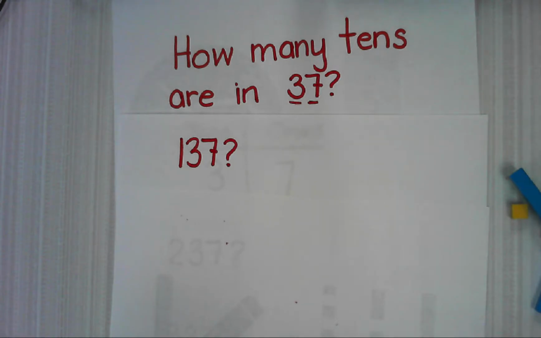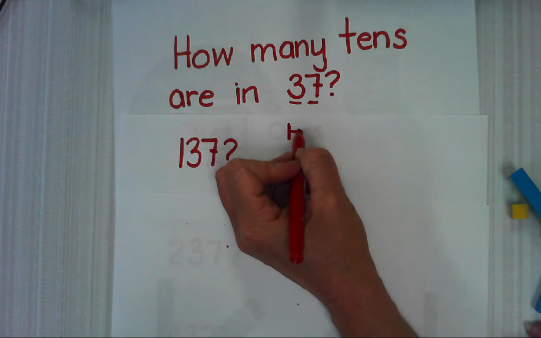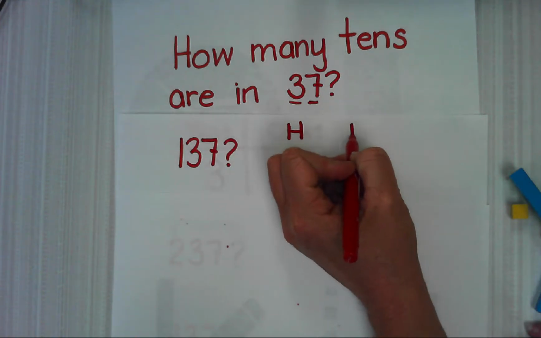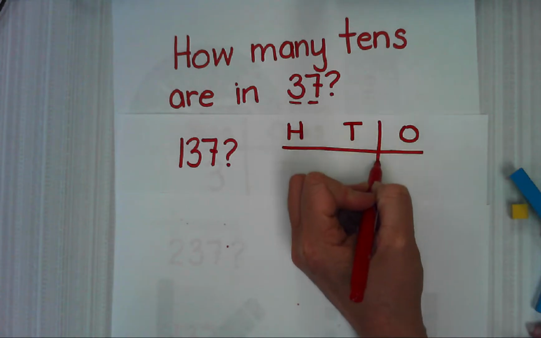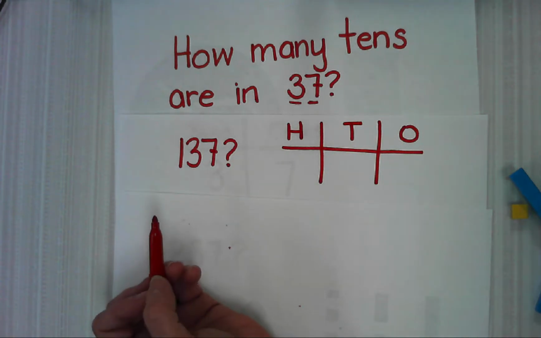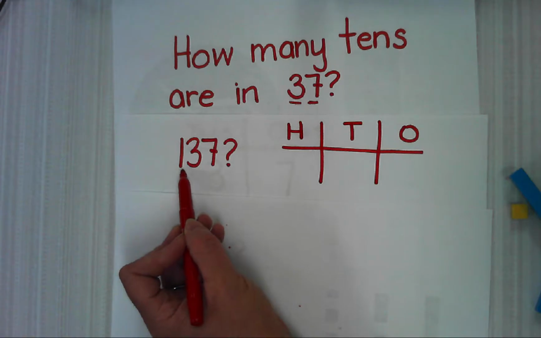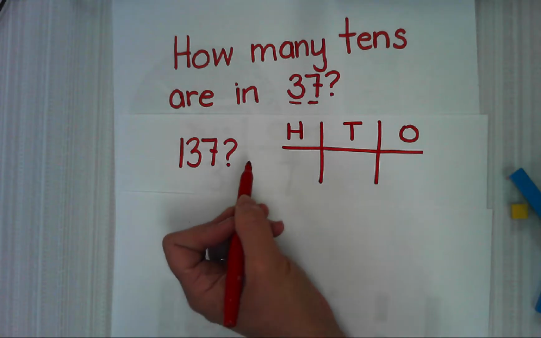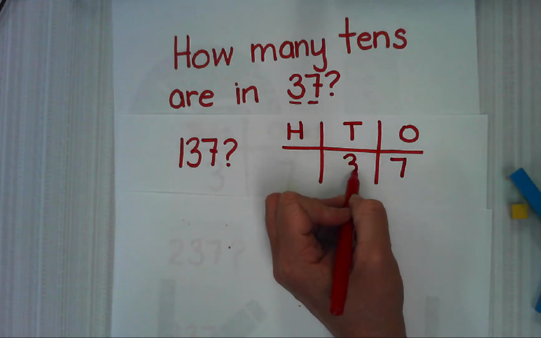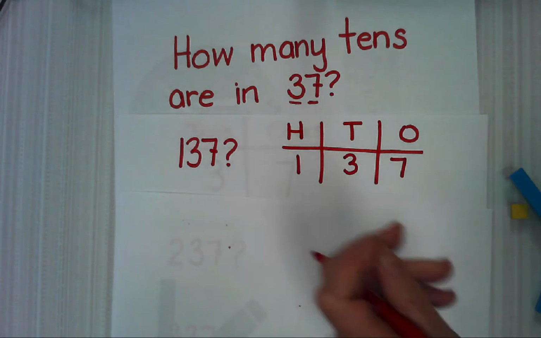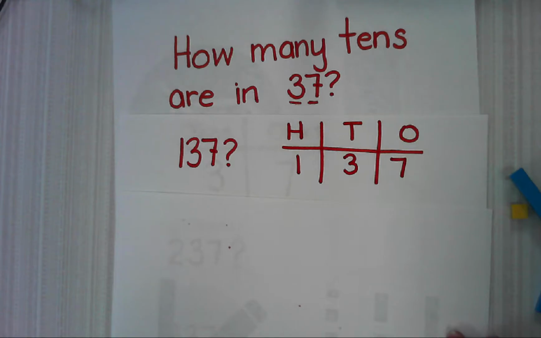If we were going to model this number, we'd probably use a hundreds, tens, and ones chart, because this number has 3 places. We can fill this number in. The 7 is in the ones place, the 3 is in the tens place, and the 1 is in the hundreds place. Does that make sense?